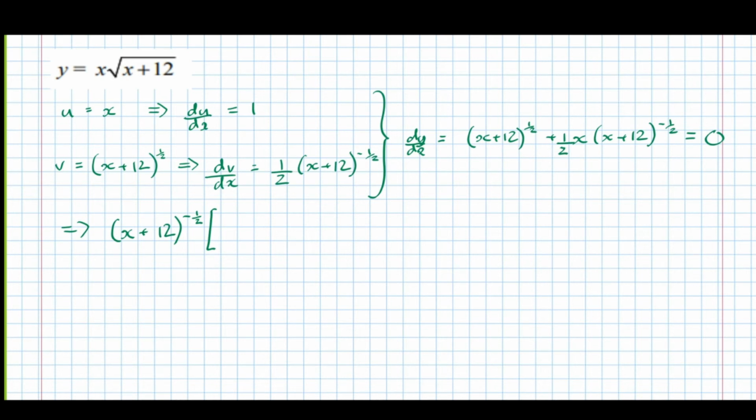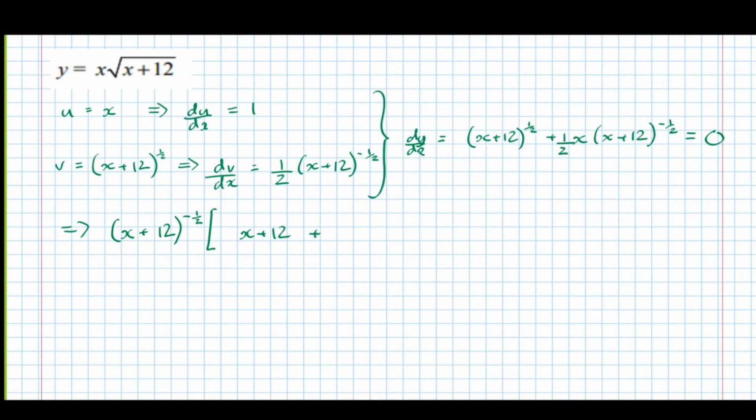And what do we times this by to get from there to there? We need to raise the power by 1 to get from minus a half to a half. So we're timesing by (x plus 12) to the power of 1. But again, something to the power of 1, we just don't need the brackets. (x plus 12) to the power of 1 is x plus 12.